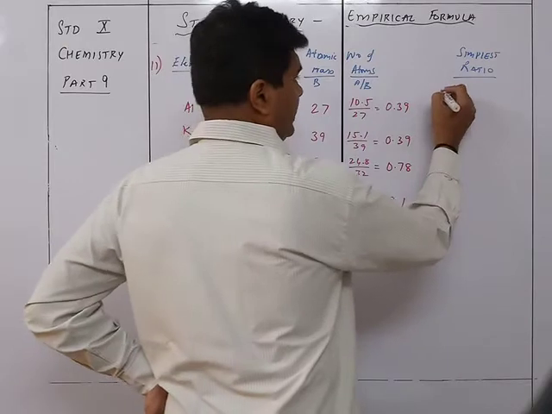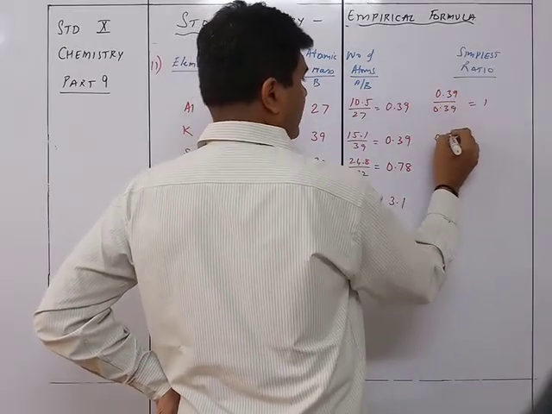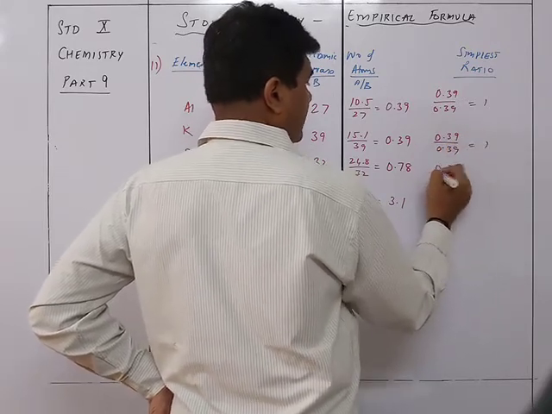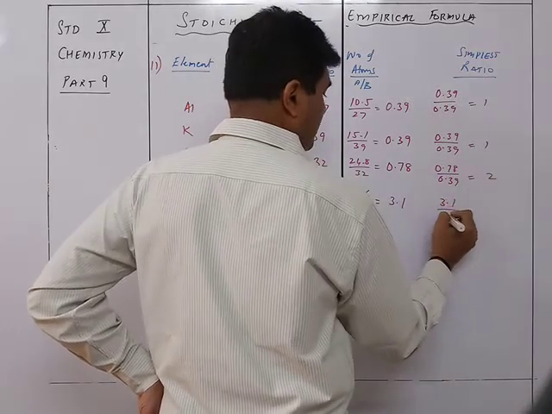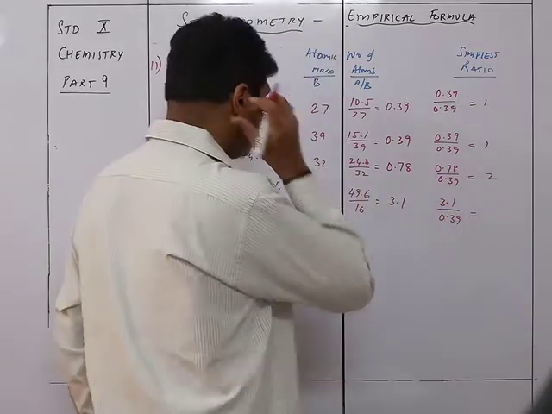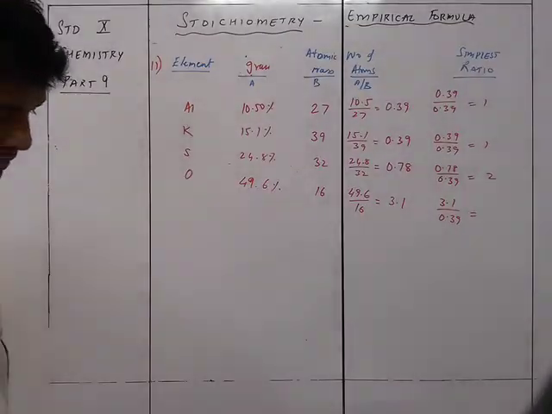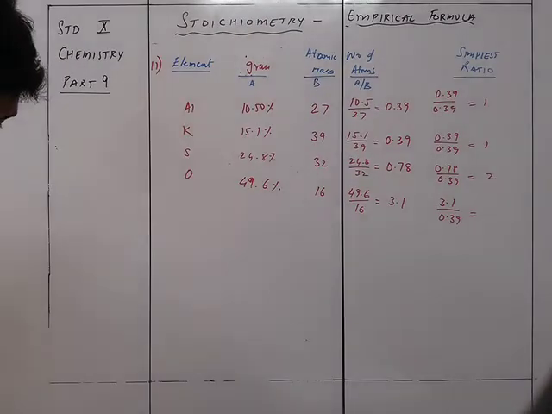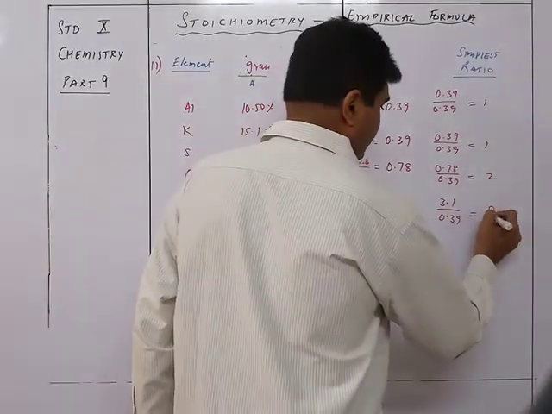So accordingly it will be 0.39 upon 0.39 is equals to 1, 0.39 upon 0.39 is equals to 1, 0.78 upon 0.39 is equals to 2, and 3.1 upon 0.39 will be approximately 8. 8.1 divided by 1. Yeah, it is 7.9, so 8.